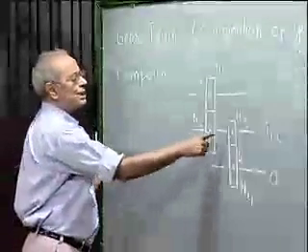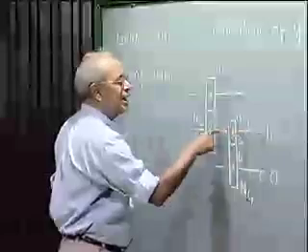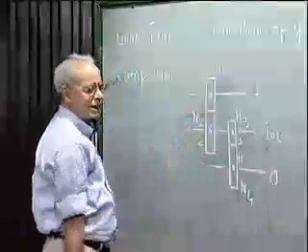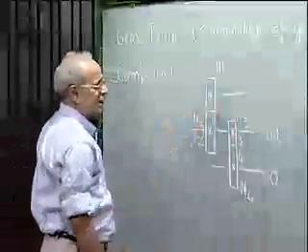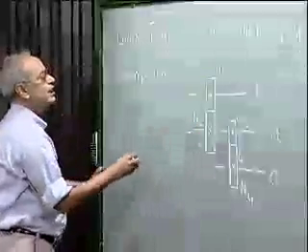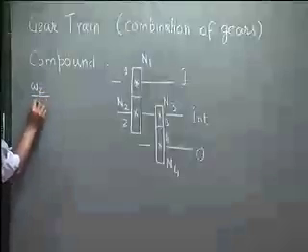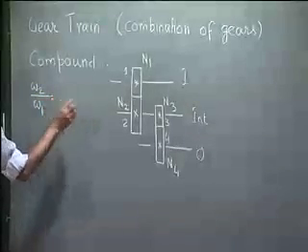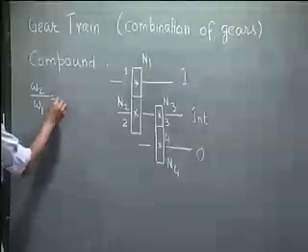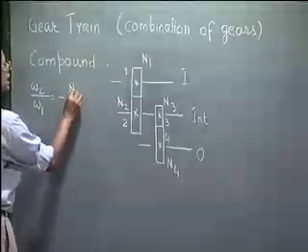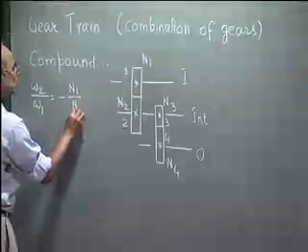Because gear 2 and 3 are both connected to the intermediate shaft, their speed will be the same. That is the speed of this shaft. So we can find omega 2 by omega 1, because it is external gearing, it is minus N1 by N2.